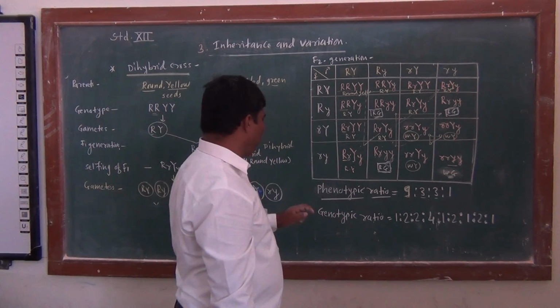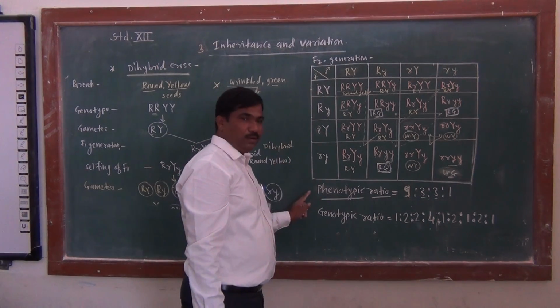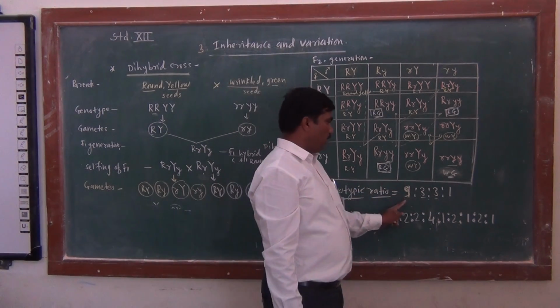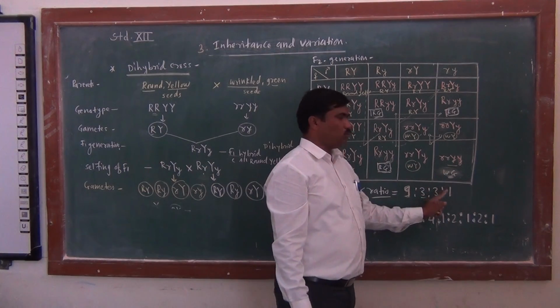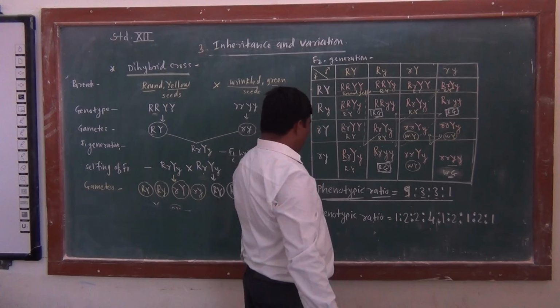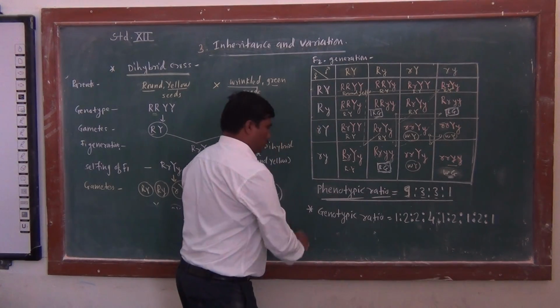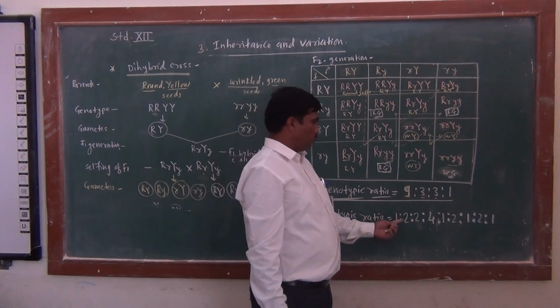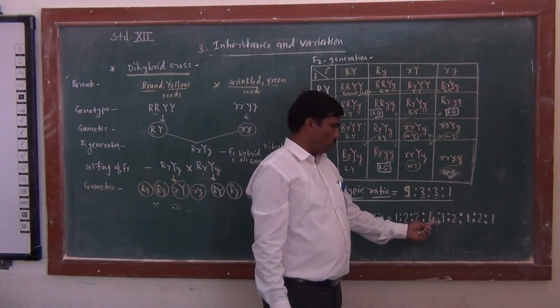So the phenotypic ratio of a dihybrid cross is 9:3:3:1. Remember this phenotypic ratio. And the genotypic ratio is 1:2:2:4.